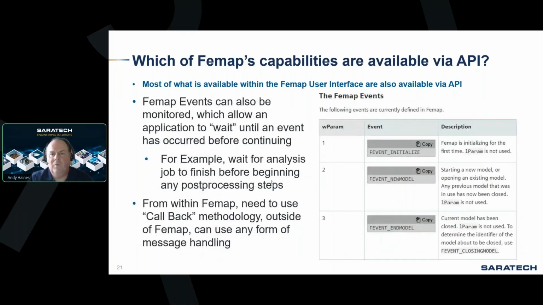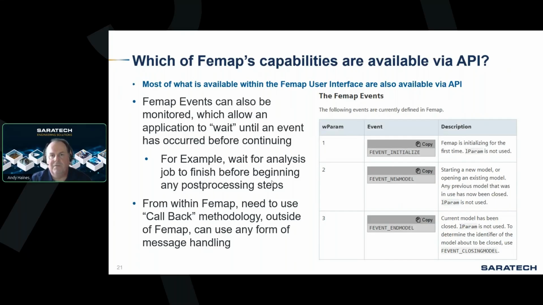Last thing that's available are Femap events. You can imagine an event is something that is occurring in Femap where you basically need the API to wait for something to happen in most cases before it moves on to a next step. One of the most common ones would be you've automatically launched an analysis, and now you're just waiting for Simcenter Nastran to finish the analysis before it moves on to a next step, which may be launching another analysis or moving on to something like post-processing.